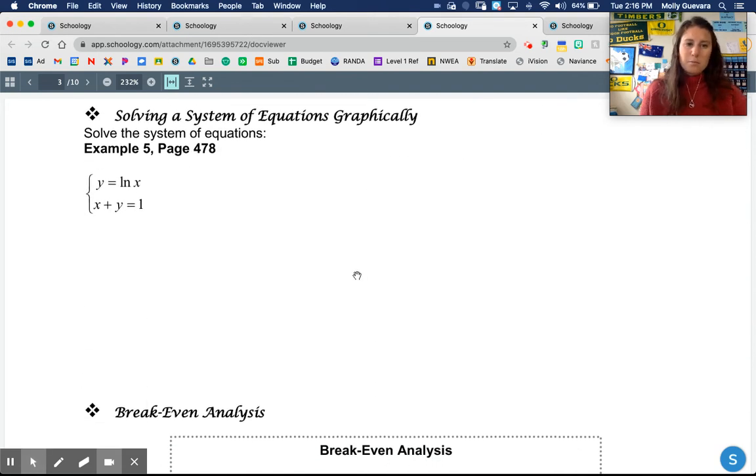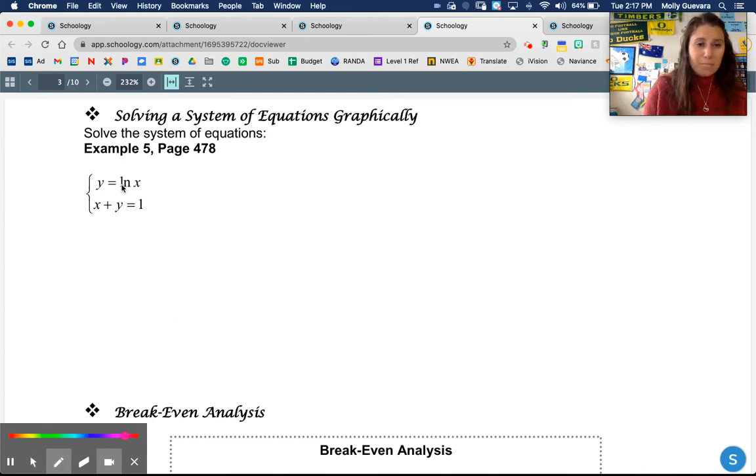It says solve the system of equations. So here, I don't want to do this by hand. I don't want to graph natural log of x and then figure out when that's equal. It's just a pain.